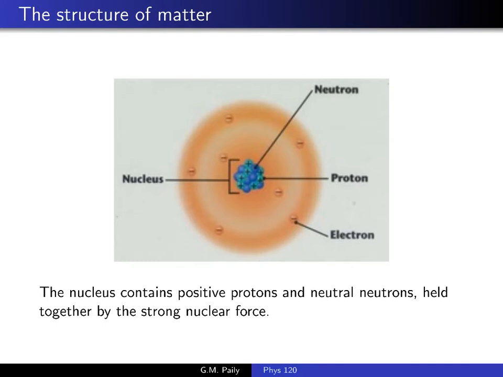The carbon-12 isotope has 6 protons and 6 neutrons and 6 electrons. The carbon-14 isotope has 6 protons and 6 electrons, but 8 neutrons.